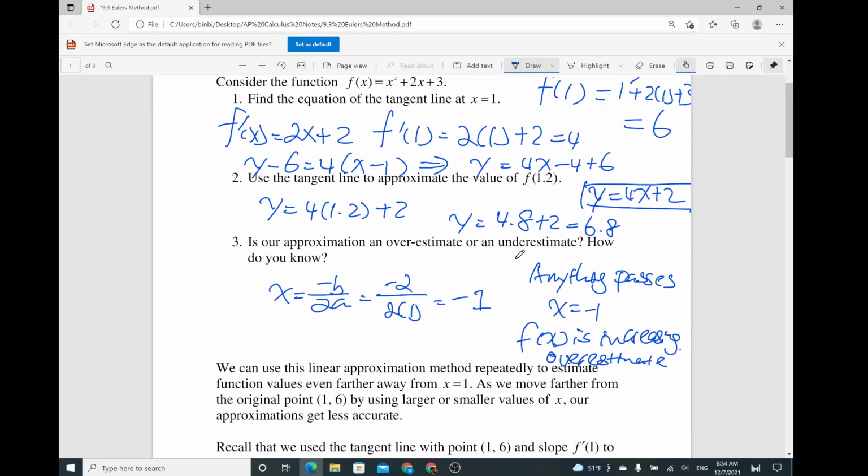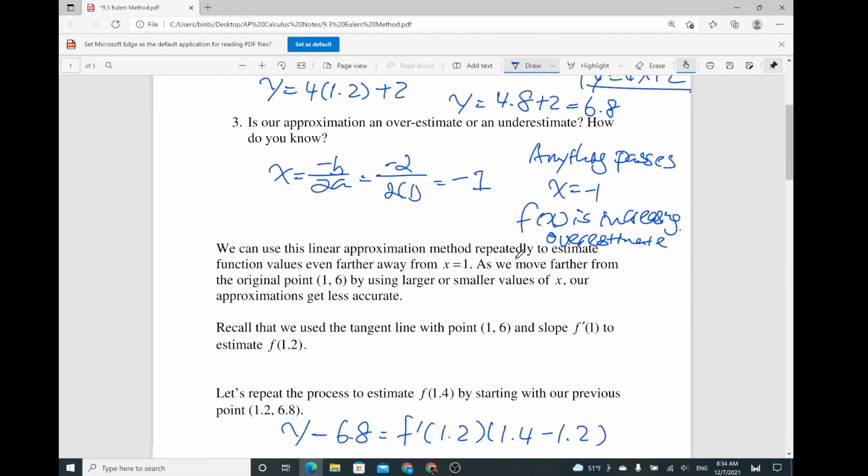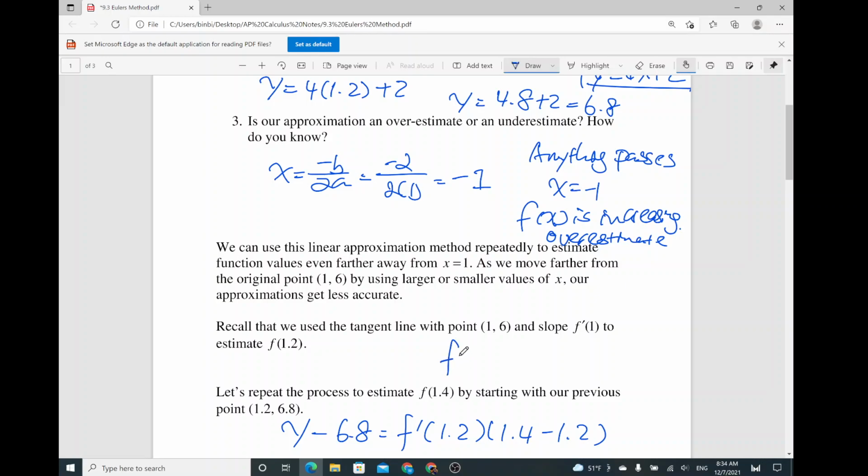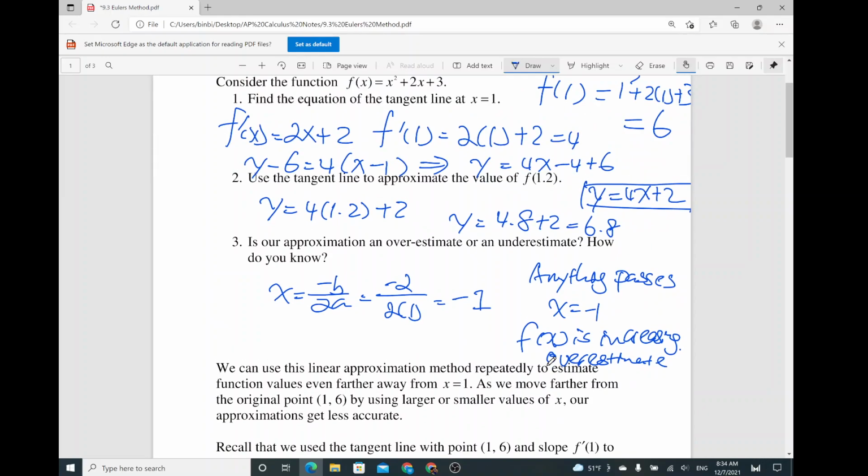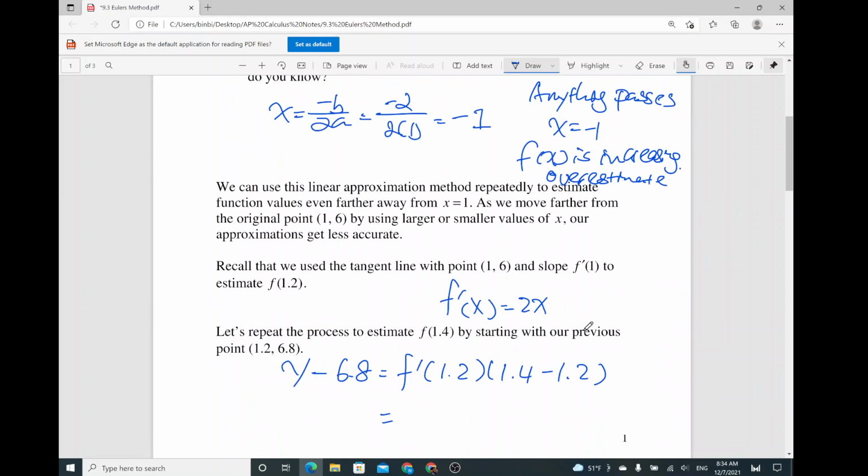Plugging the number back into the derivative formula, f prime of x is 2x plus 2. So f prime of 1.2 is 2 times 1.2 plus 2, which is 2.4 plus 2, which is 4.4.